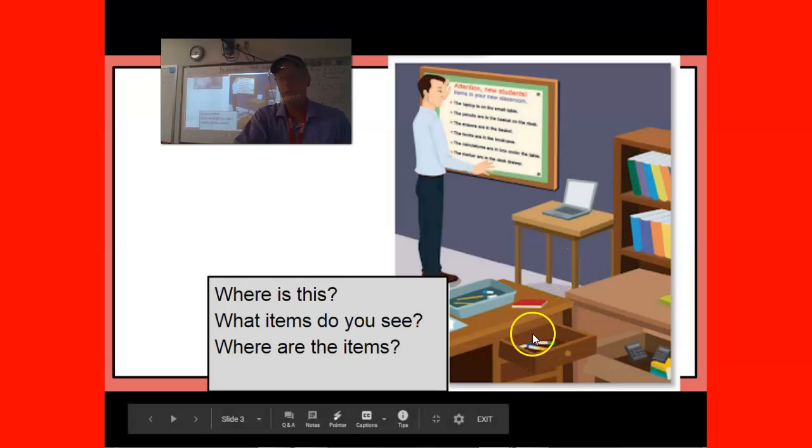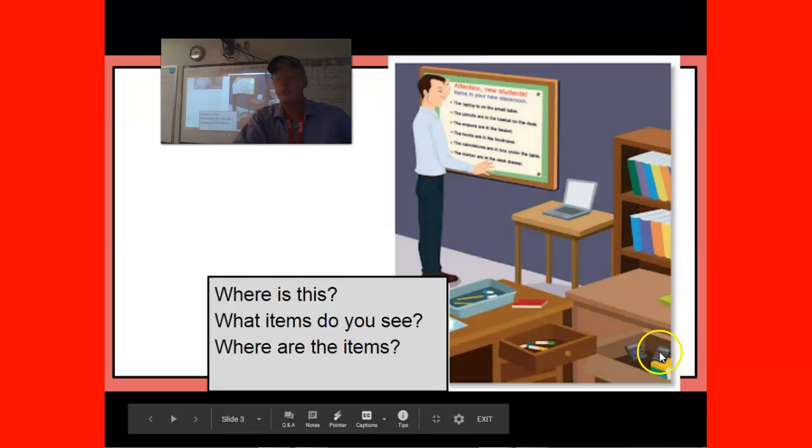What do you see here? Maybe, I think they're markers. Maybe markers. Yeah, where are the markers? Good, the markers are in the drawer.